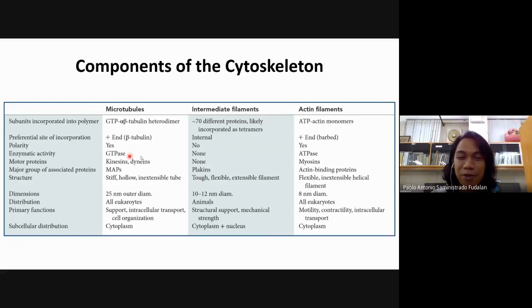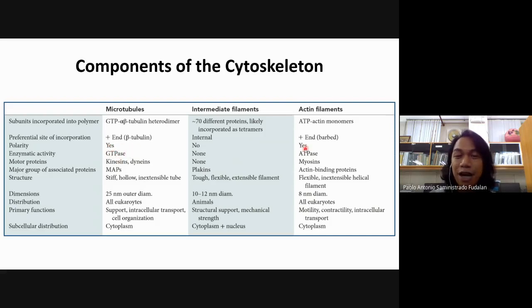So thank you for pointing out the enzymatic activities, very important to remember. What does this mean, the GTPase and ATPase? This means that for microtubules, in order for them to elongate, later we'll see an illustration of how they need to use GTP as a source of energy to elongate.